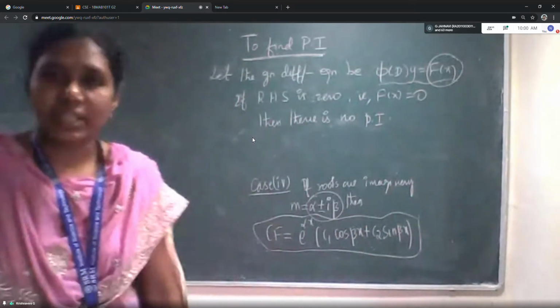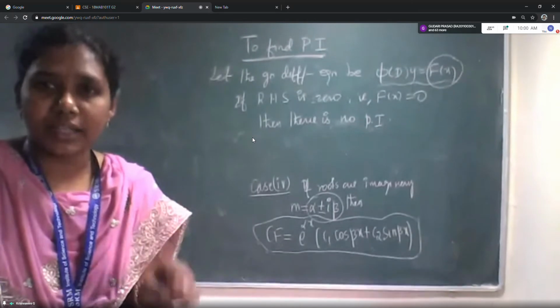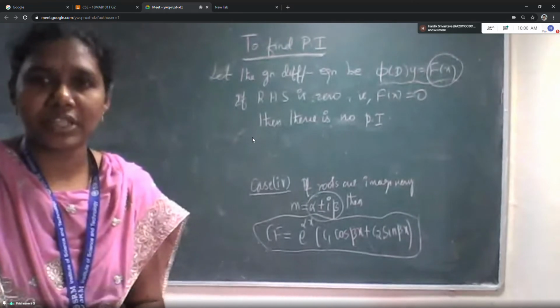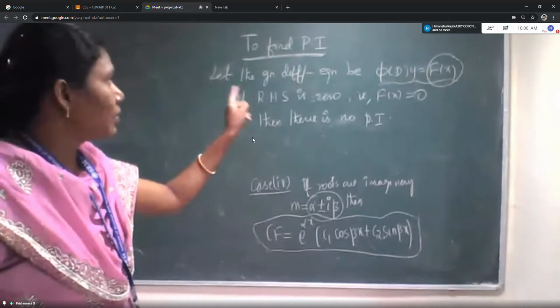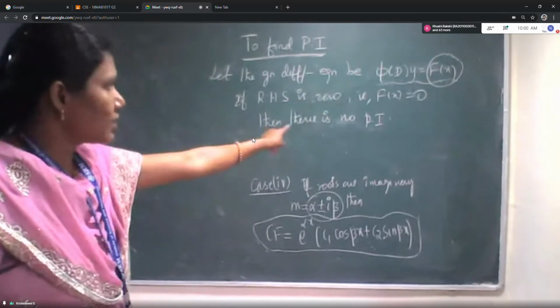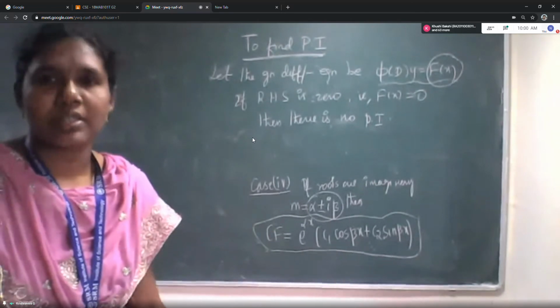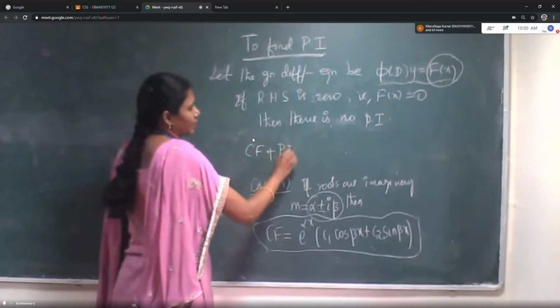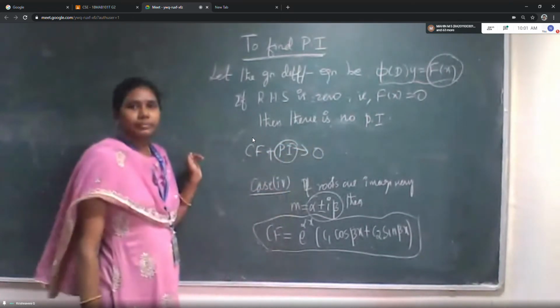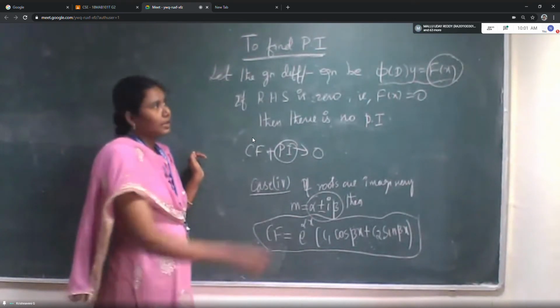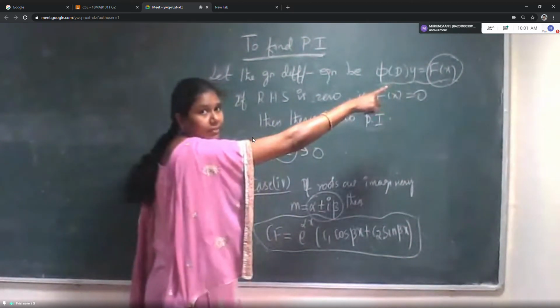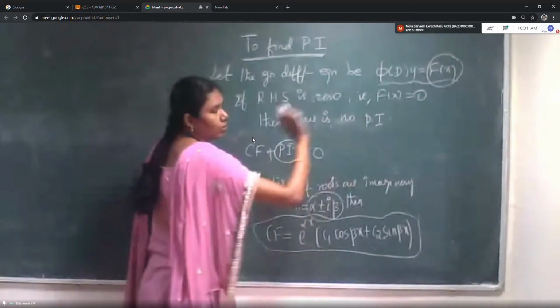In the given differential equation, if the right hand side value is 0, we need to find only the CF. There is no PI; PI value is 0.